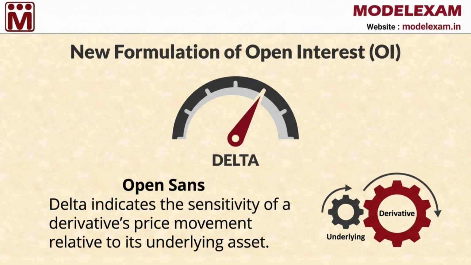To understand this new formulation, we must look at a concept called delta. Delta is a measure that shows us how sensitive the price of a derivative is compared to the movement of its underlying asset. For example, if the price of a stock moves, the delta tells us how much we can expect the price of an option or a future based on that stock to change.